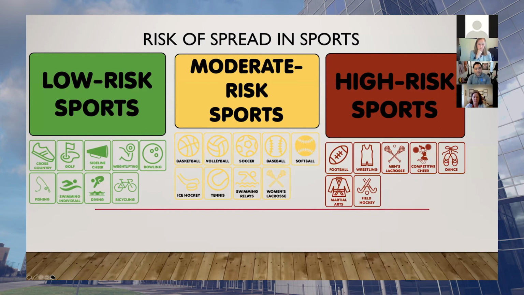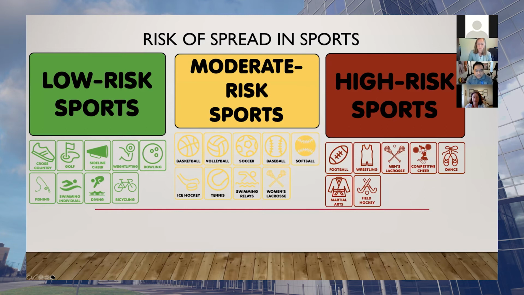Moderate risk sports are the other ball sports, like basketball, volleyball, soccer, baseball, tennis. High risk sports involve a lot more contact, like football, wrestling, martial arts, cheer and dance, and also field hockey.